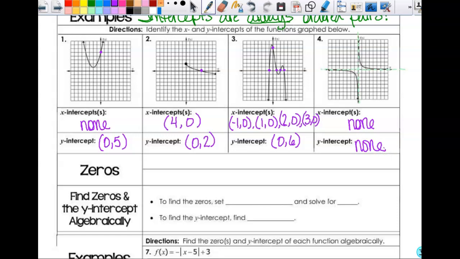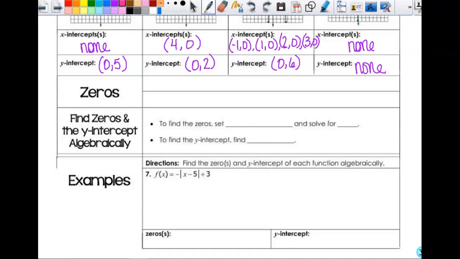Okay, so are x-intercepts and zeros the same thing? They're not exactly the same thing. Here's your definition of a zero. Zeros are the x values.